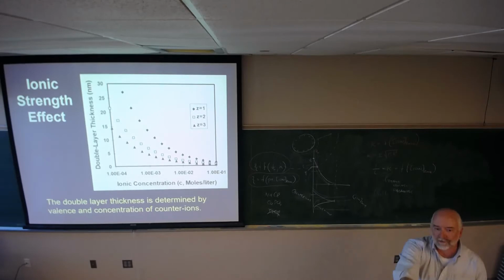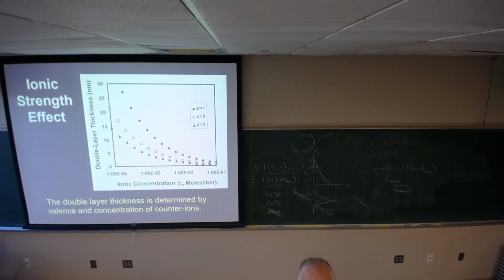What dictates the van der Waals attraction potential between two particles? The particle surface? No. The size? Well, that's in there. What's the thing that dictates the interaction between the particles? The Hamaker constant.